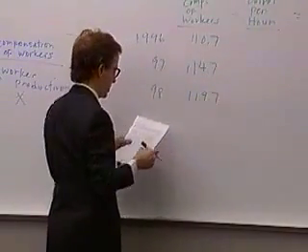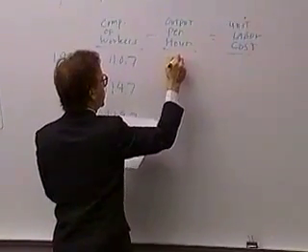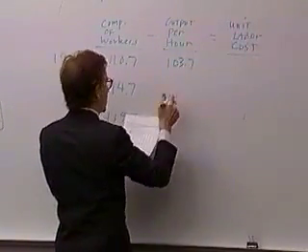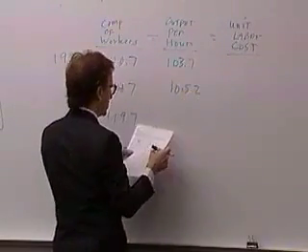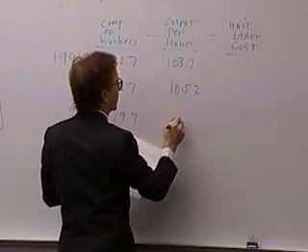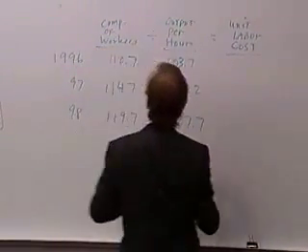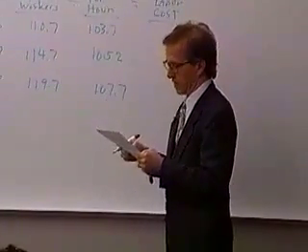Boy, a lot of 7s in there. Output per hour in 1996, 103.7, 105.2, and 107.7. 5 out of 6 of these numbers end with the number 7.